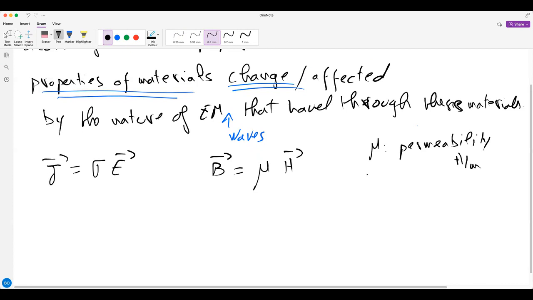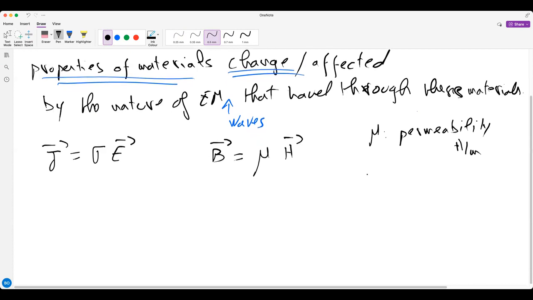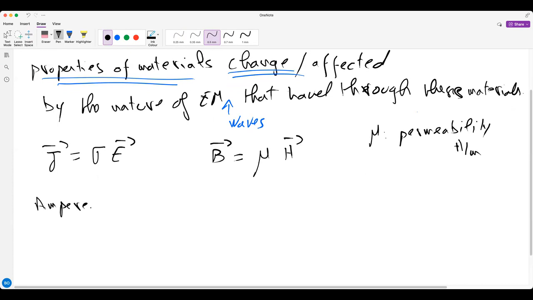Let's write two very useful Maxwell's equations that will help us. This is the Ampere-Maxwell rule or law.